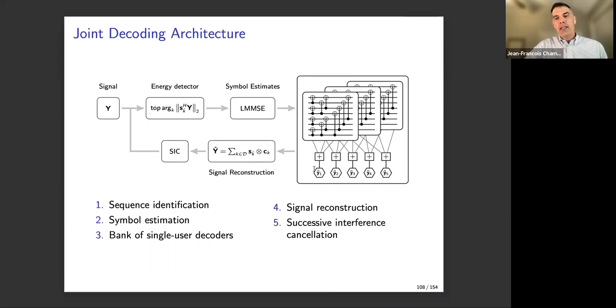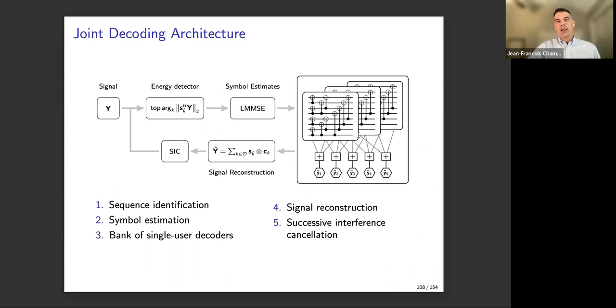I'm going to do this LMMSE for every coded symbol, over the spreading sequences. And then I'm going to feed the output of the LMMSE to single user decoders. I'm going to take, say, the output 1 from Y1, the output 1 from Y2, the output 1 from Y3, and so on, and I'm going to use that as the observation that goes into my polar decoder.